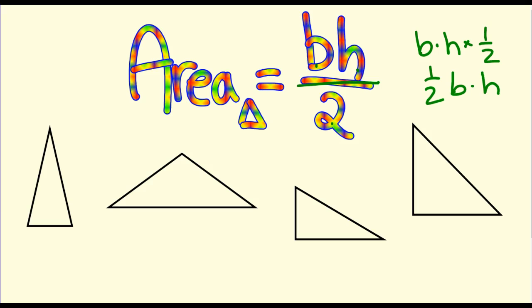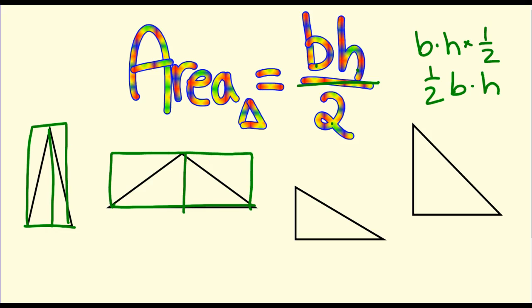We need to find the base times the height, and then it's half as big as the rectangle shape that it's inside of. Doesn't matter what shape it is, it's always half as big as the rectangle that would go around it. So that's how you can remember the formula.